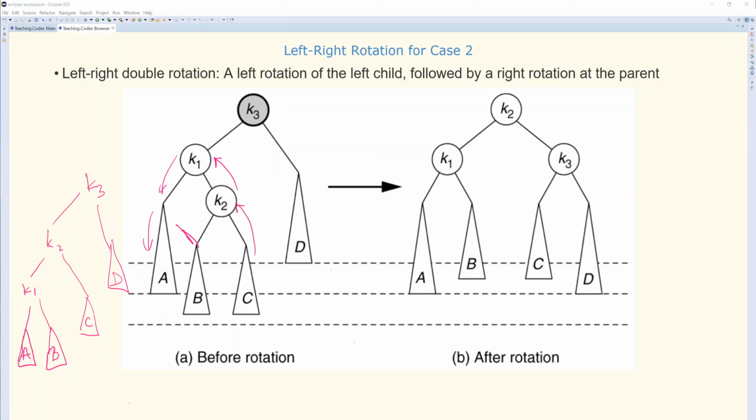Now, this is a problem I know. I can solve this problem with a right rotation. Because when I do that, K3 and D will go down. K2 will go up.